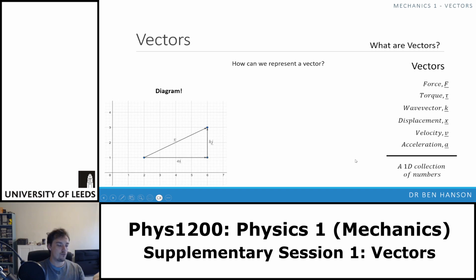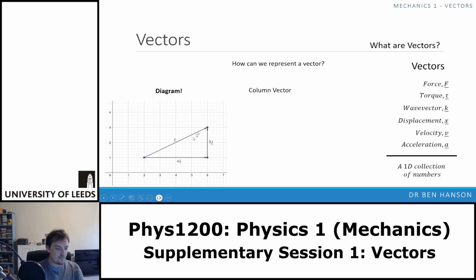We can represent that vector in terms of what are called basis vectors, unit vectors. We'll get onto them shortly. But I can say that this vector V, which has a length in that direction, is A units in that direction plus B units in that direction. So we can add vectors together, as we'll see shortly. And so that gives us the ability to write it as a column vector, right?